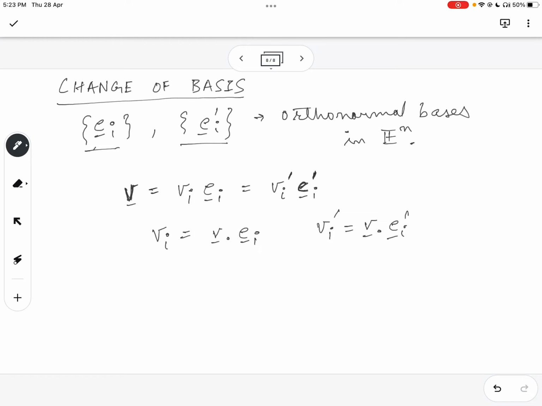Now, Ei can also be written as in terms of the Ei prime basis in the following form. It's simple. It's replacing Vi with Ei, Ej.